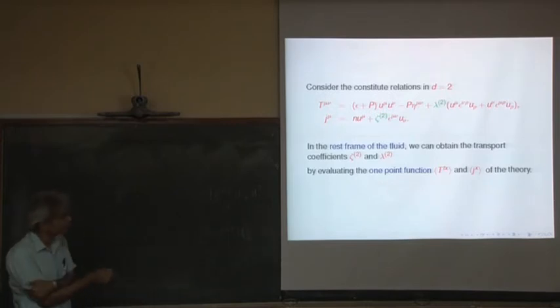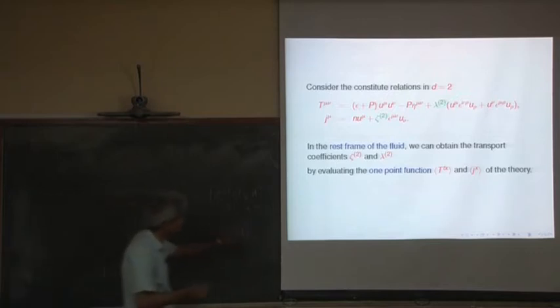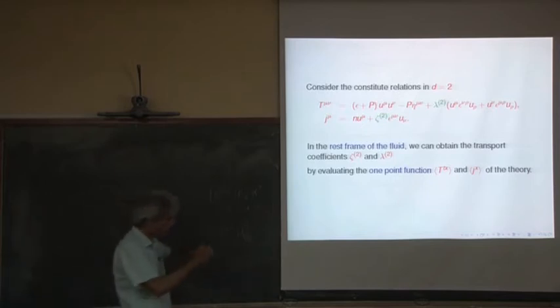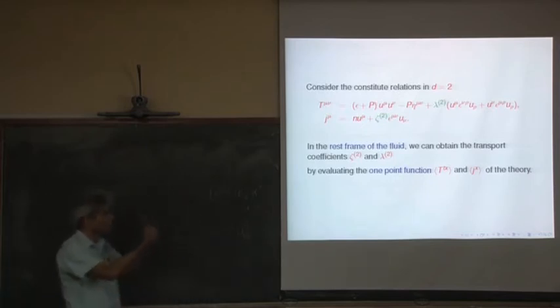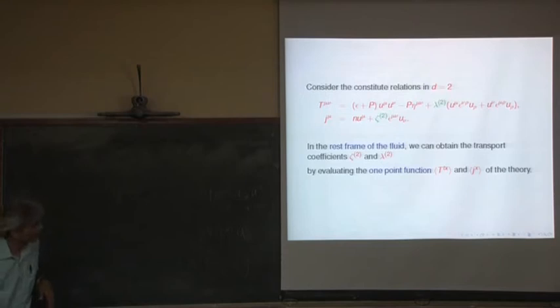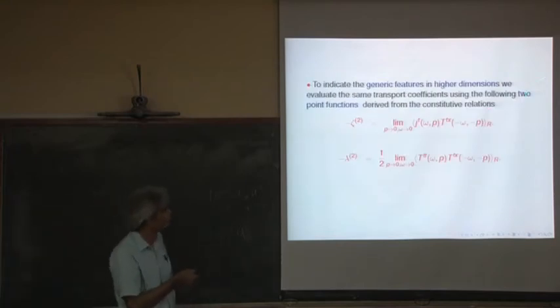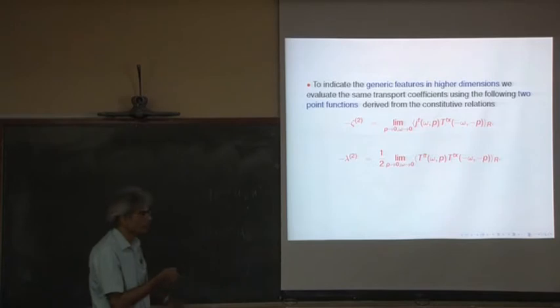This is a way of computing zeta 2 and lambda 2. But this seems easy, and we won't do this. We will do a little bit different one, so that it captures the features of the higher dimensions generically. To indicate generic features of higher dimensions, we evaluate the same transport coefficient using these formulas. There is equivalently another formula for this. Zeta 2 is basically the 2-point function of the current with the stress tensor.